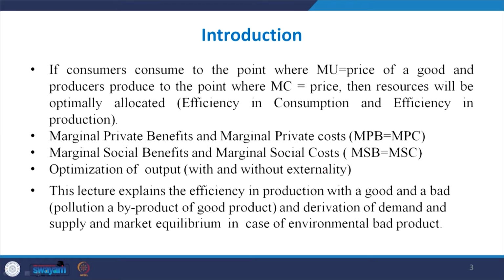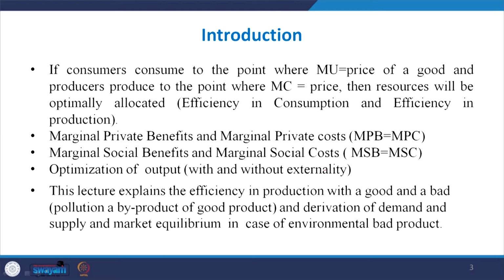So, if you include in private benefits the external benefit, then you will get marginal social benefit, and if you also include the marginal external cost in the marginal private cost, then you will get marginal social cost.